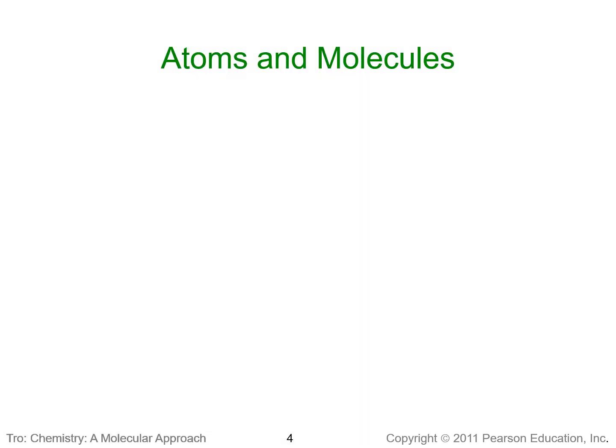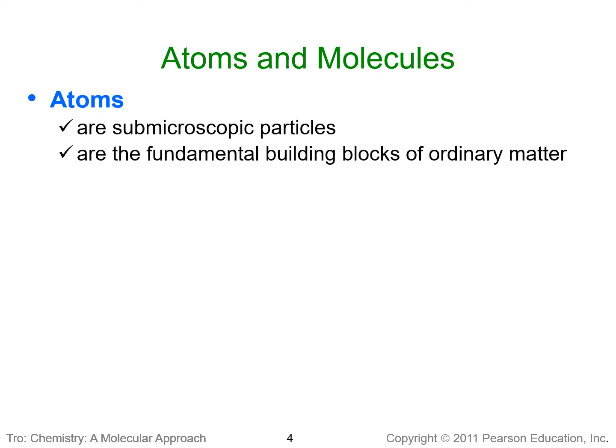So let's look at some formal definitions of atoms and molecules. Atoms are submicroscopic particles, so we cannot see them with a light microscope. They're fundamental building blocks. They make up everything around us, either individually or when they are combined into molecules.